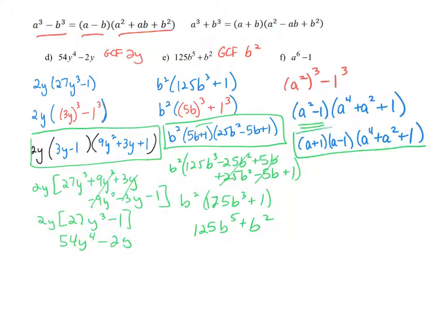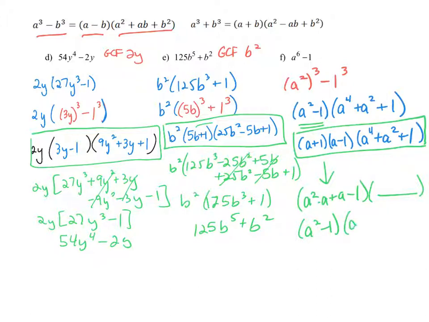We can check this by using the distributive property. With the first two factors, we can do the first, outer, inner, last to get a squared minus a plus a minus 1 times that same trinomial, and this is going to be a squared minus 1 because the middle terms are opposites, times a to the fourth plus a squared plus 1.